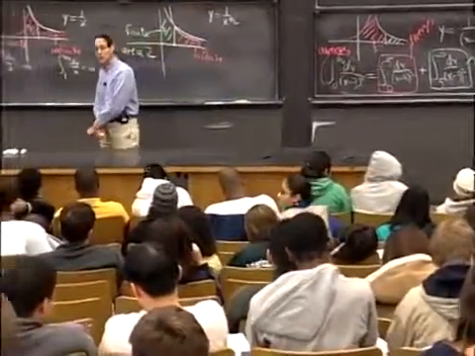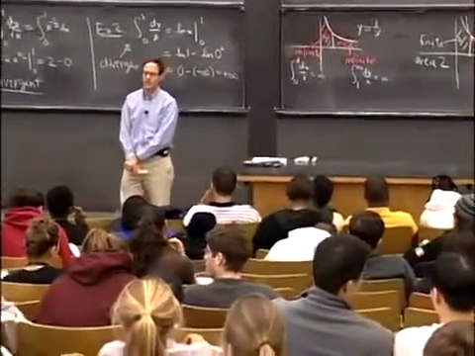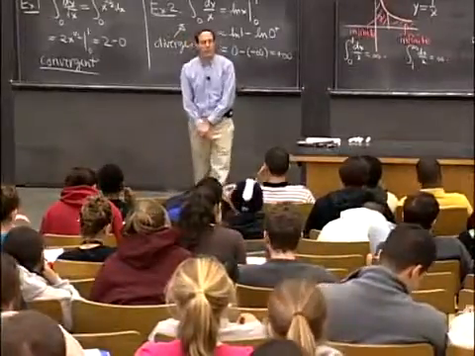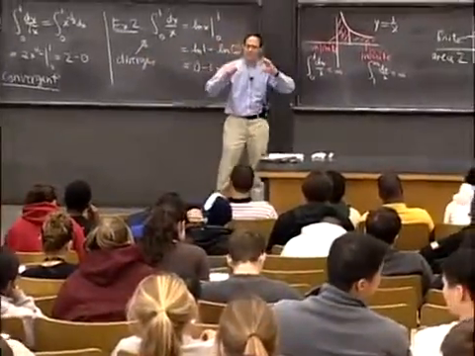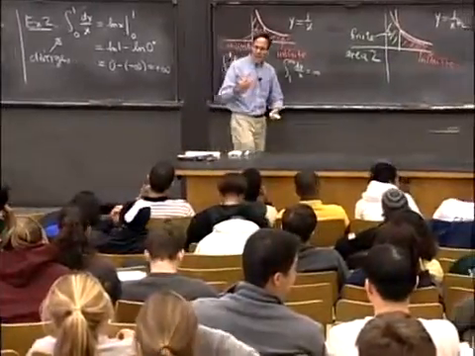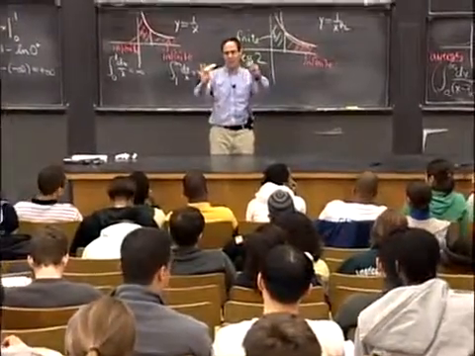Yeah, another question. Other than graphing it, if you have one of those integrals and you're just looking at it, how do you know if it converges or diverges? So the question is, if you have a little glance at an integral, how are you going to decide where you should be heading?